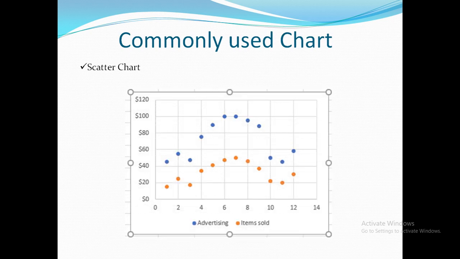Next commonly used chart is the scatter chart. This plots and compares data through markers or points. These points can be connected with lines, however, it is often used without connecting lines. In this, there are no text labels on either of the axes. So here we have no x-axis and y-axis.